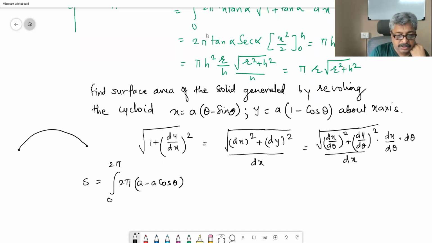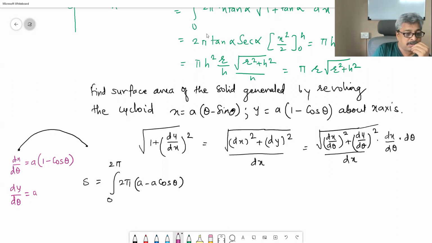We should do this calculation separately somewhere. dx by d theta is equal to a into 1 minus cos theta, and dy by d theta is equal to a into the derivative of cos theta, minus sin theta, so a sin theta.